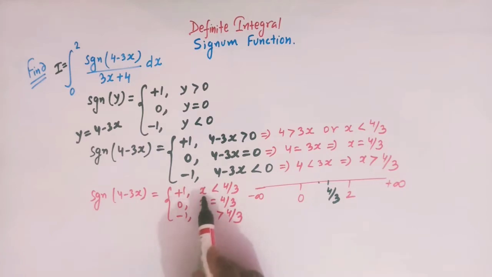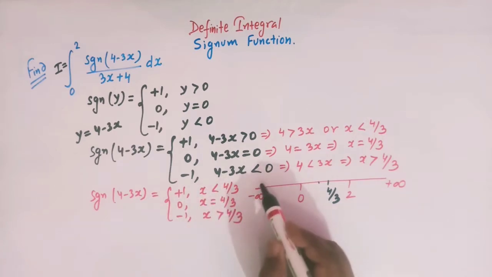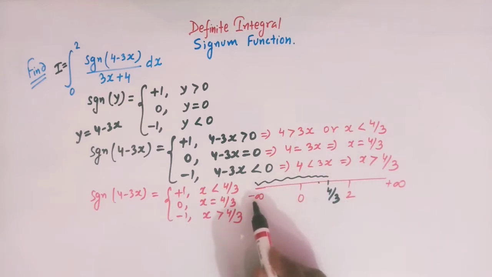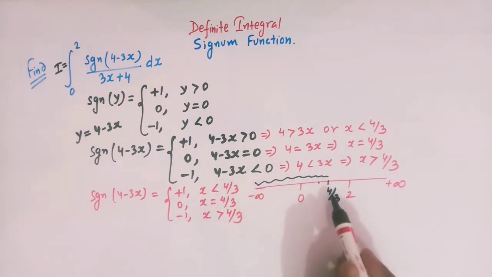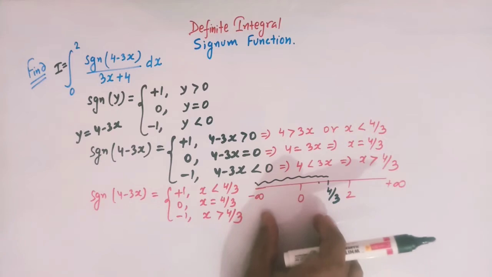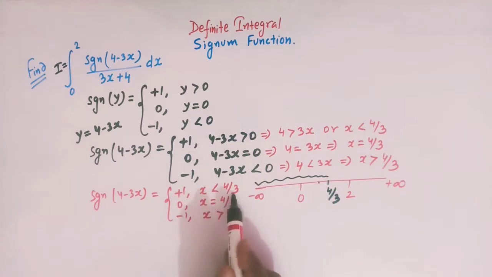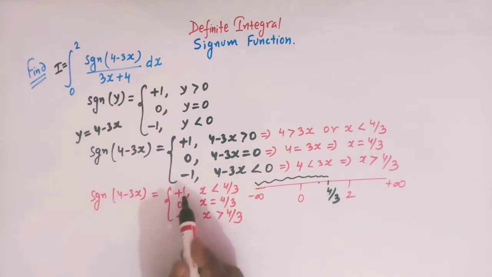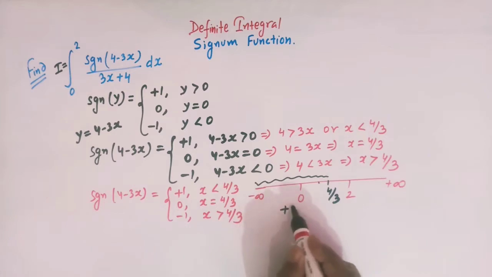Now see, the first inequality, x is less than 4 over 3. So in this part, that is from minus infinity to 4 by 3, we have x less than 4 over 3. When x is less than 4 over 3, Signum of 4 minus 3x will take the plus 1 value.